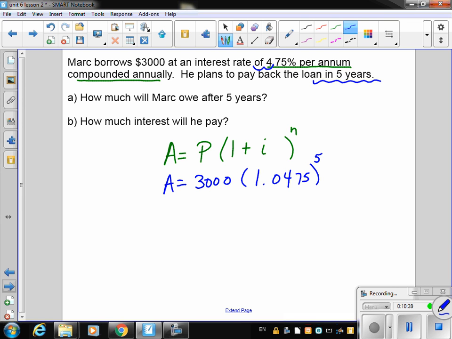And just like that, 3,000 times 1.0475 to the power of 5 gives $3,783.48. So the interest costs him $783.48 to take that loan.